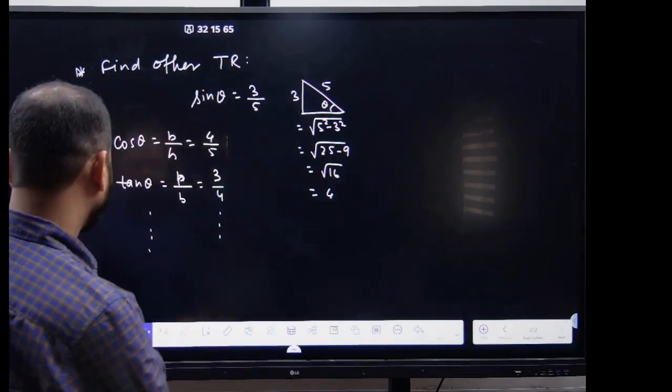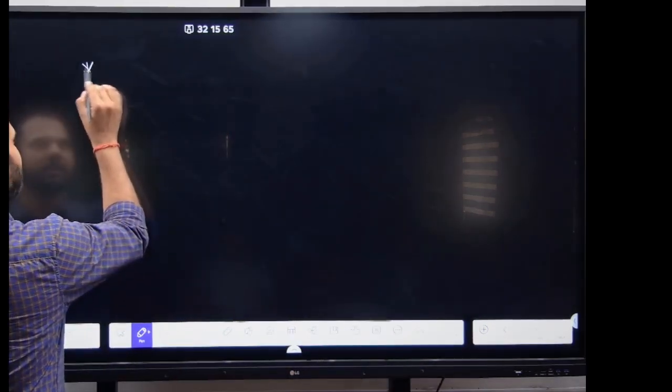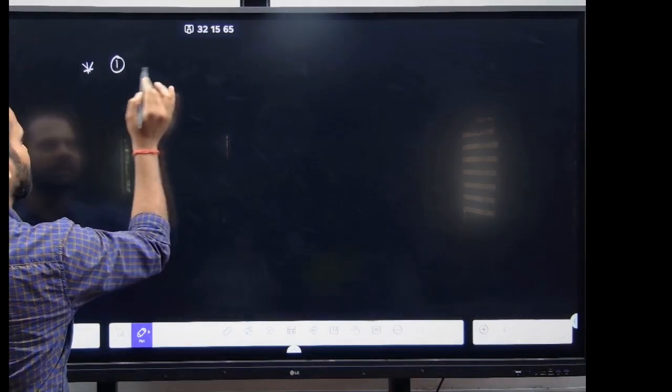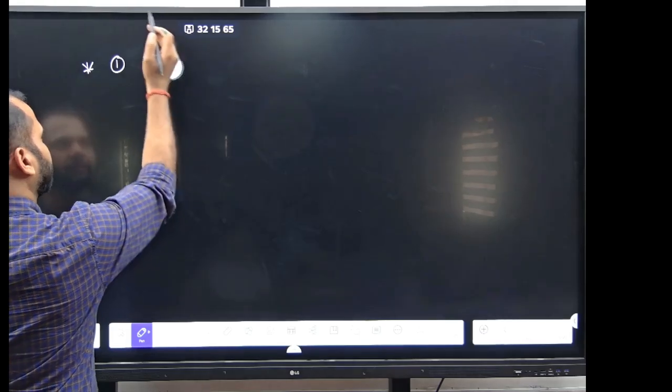Write down. Put the same heading: if one of the inverse is given, calculate the other.